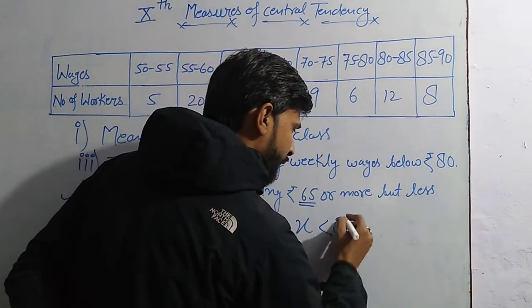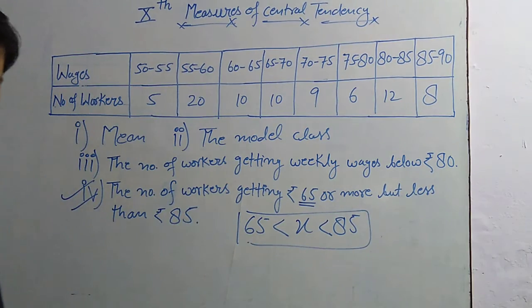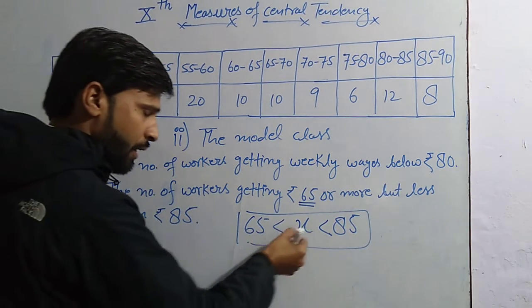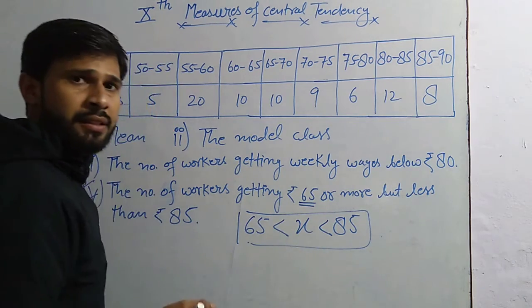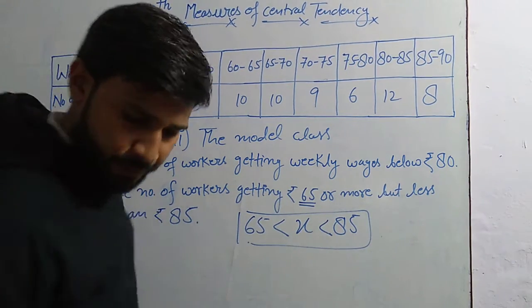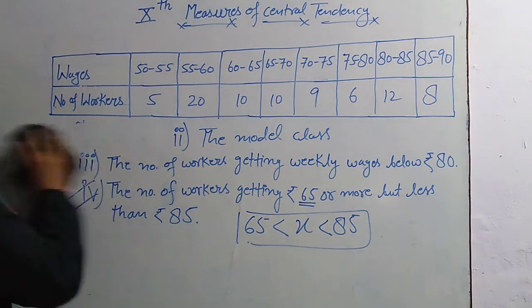The number situated here is greater than 65 and less than 85. Now the given data may be written in this form.